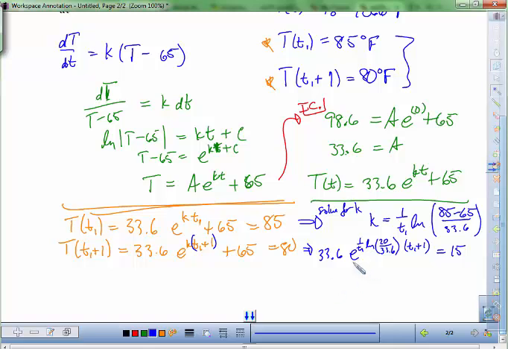All right, let's start peeling away here. I'm going to divide out by 33.6. And then we could take the ln of both sides again like we did before. Suppose somebody can try to figure out what 22 over 33.6 is if they want.